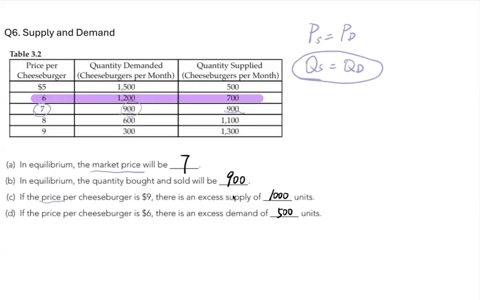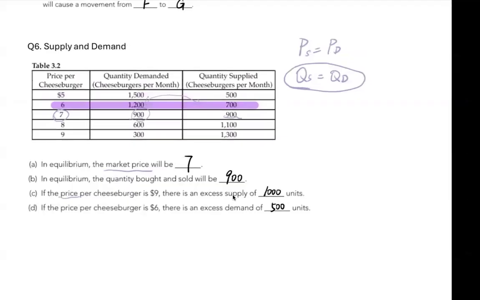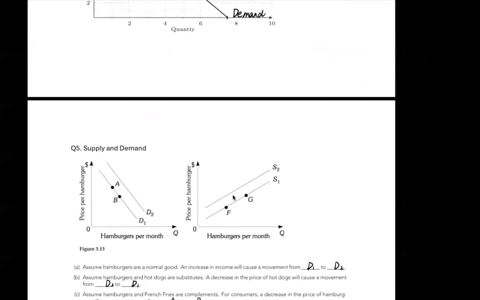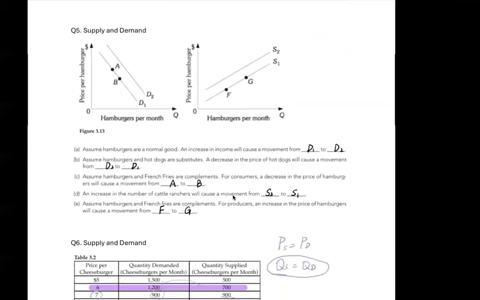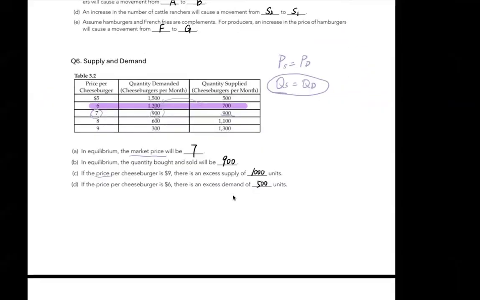So there's excess demand of the difference between these two numbers, 500 units. Okay. So this chart is actually similar to this figure. The only difference is that it gives you a chart rather than a continuous line for the quantities on the demand curve and the supply curve.